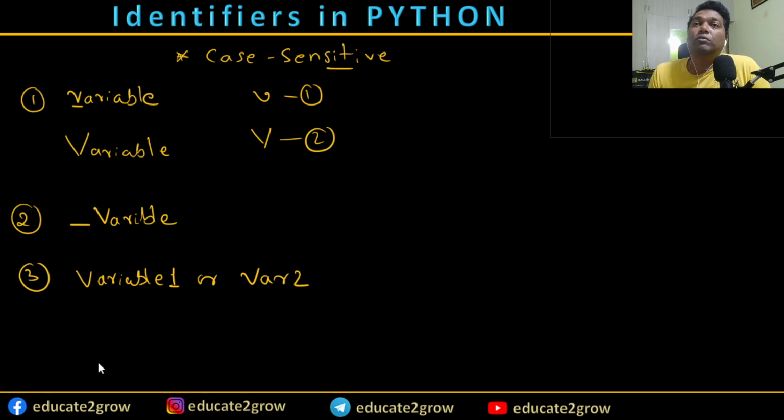We can also mix and match small case and uppercase in the wording. For example, underscore a b a r 1. This is also an identifier which is defined by you when you write the program. That's called an identifier.